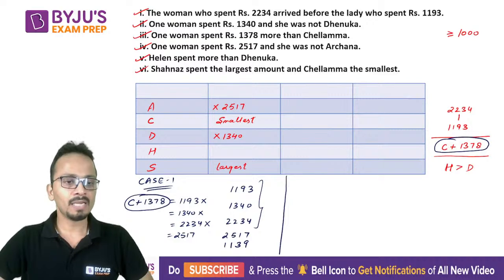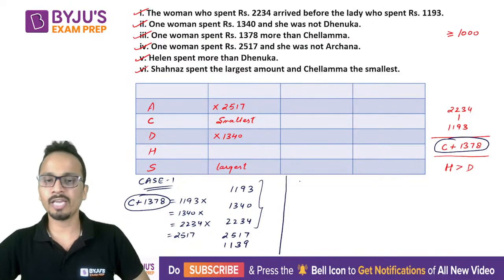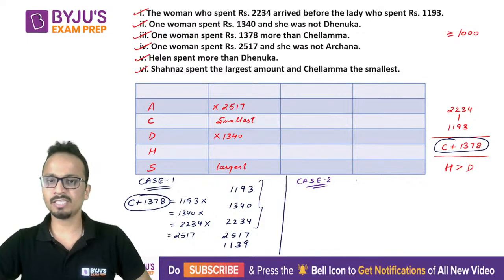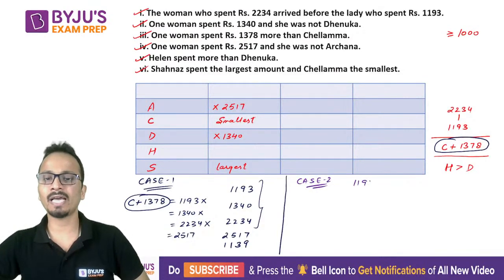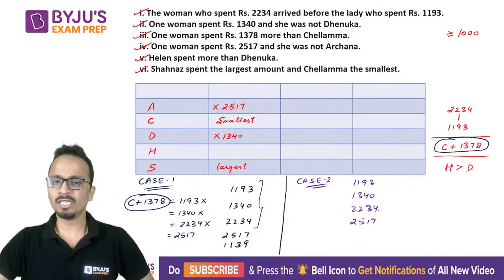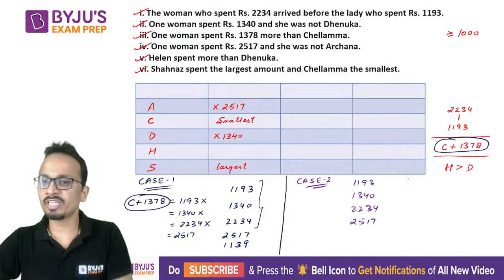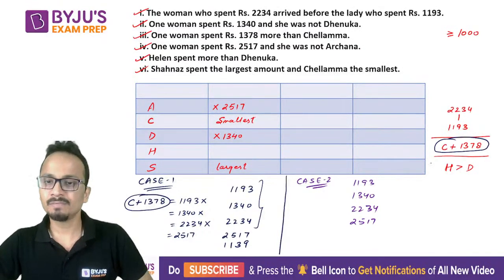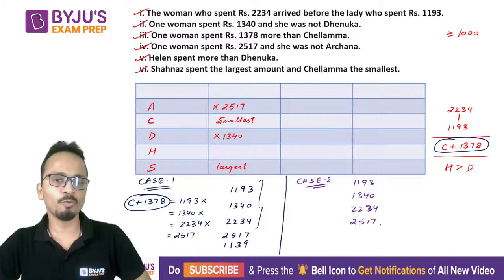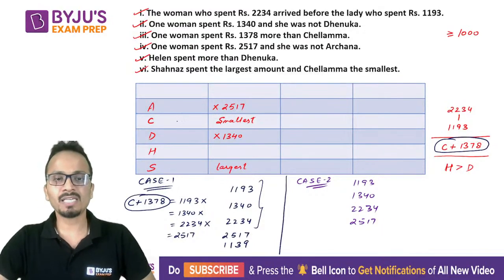All right. Now let's write the values for case 2. So case 2, if I write, so already I have 1193, 1340, 2234 and 2517. Okay, so in case number 2, what I'm doing is I'm considering that the value of C will be one among these four given values. But the question says that C should be smallest.